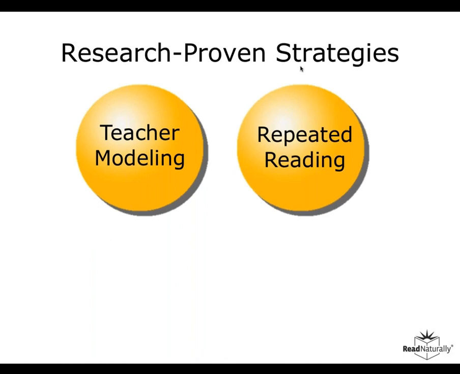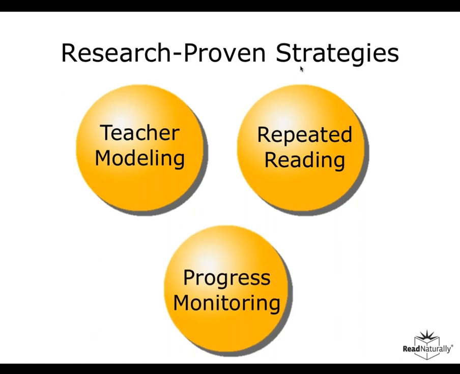The repeated reading research-based component involves students reading the passage multiple times until they have mastered it, until they're reading at a particular rate that the teachers assign to them, and reading with accuracy and expression. And then there's a progress monitoring component built into the program. So students see their own progress over time.